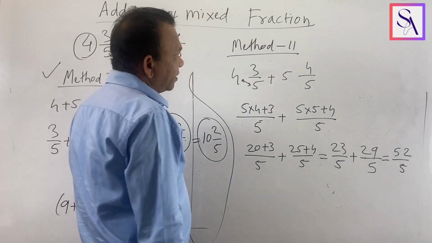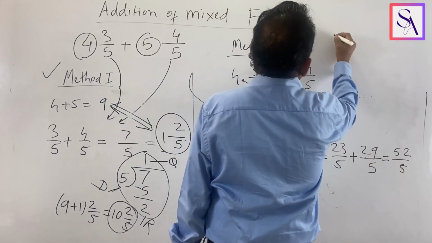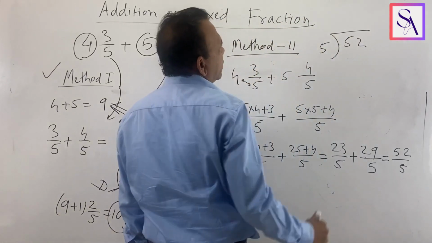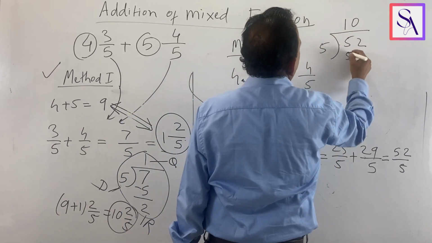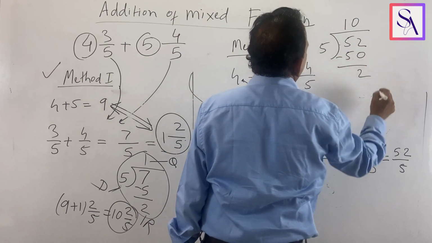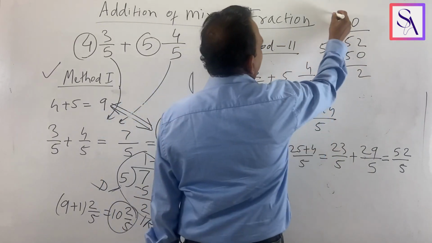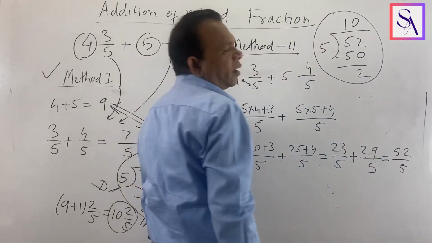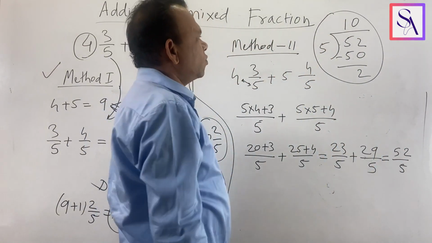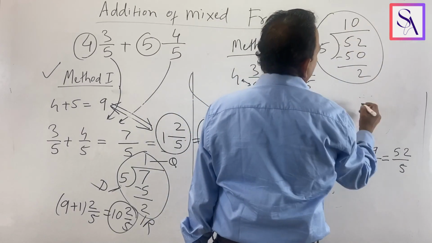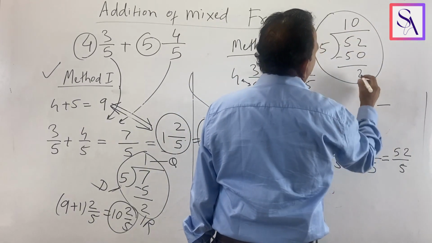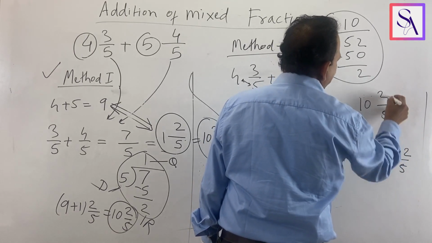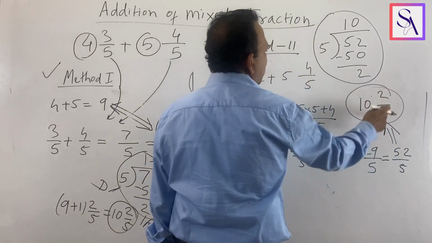So how to convert that? We divide 52 by 5. 5 tens are 50, 2 balance, and then we write this in the form of queen riding upon donkey. Here queen is 10, remainder is 2 by 5. So this is the answer, 10 2 by 5.